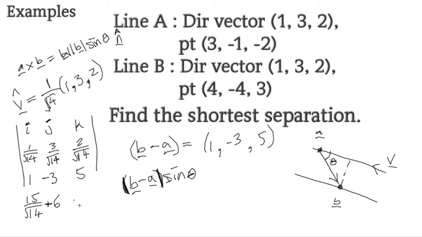For J component, we've got, let's see, negative of 5 on root 14, add 2 on root 14, and finally for K we have minus 3 on root 14, take 3 on root 14.